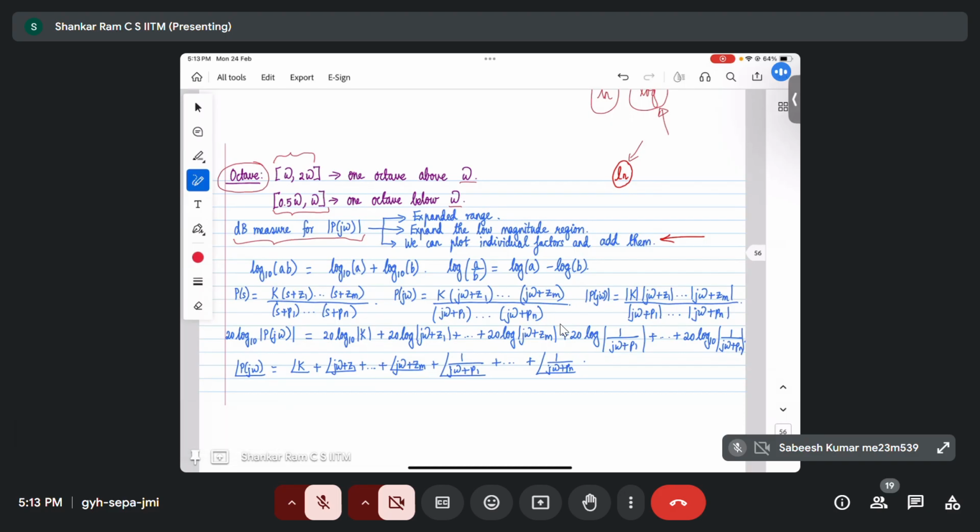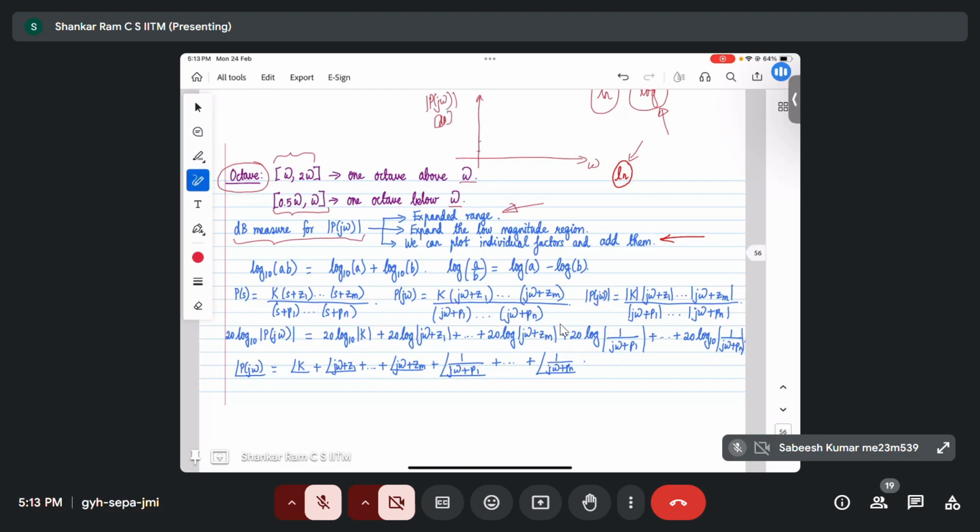Now, same arguments apply. Why? Because once again, using a logarithmic scale, we can display and analyze a large range of magnitudes. Let's say we start from 0.001 to 10 power 4. You and I can easily plot it in a logarithmic scale. So imagine, this is the magnitude of P of j omega in decibel measure.